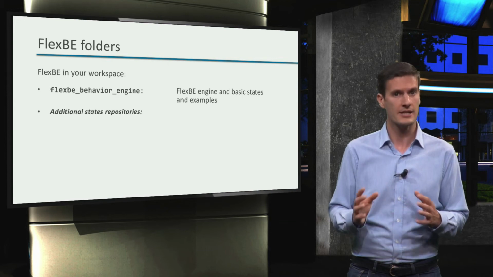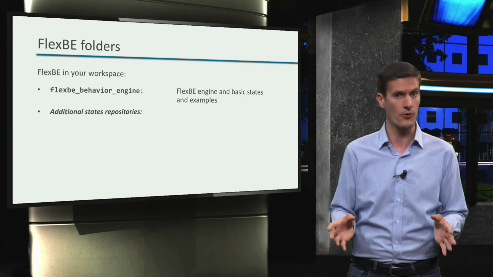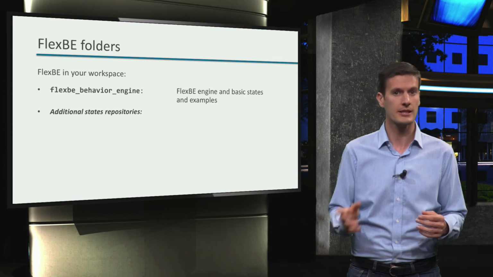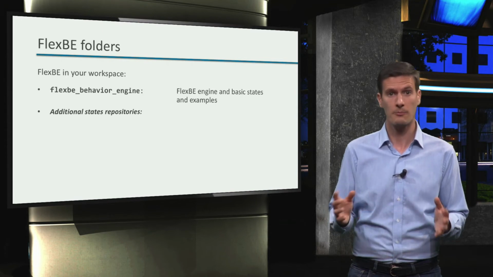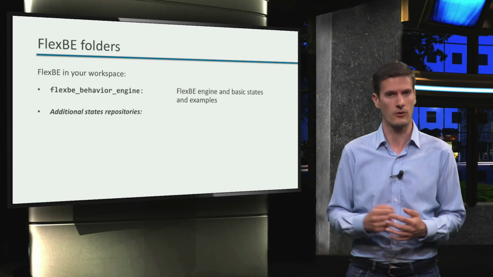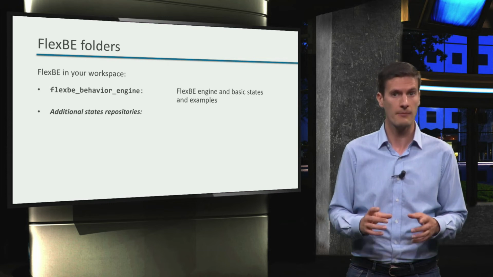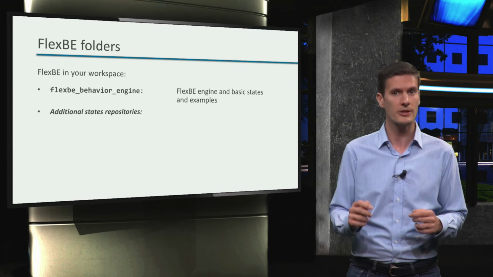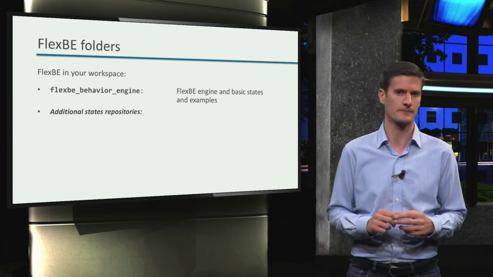Second, we have the additional state repositories we mentioned before. This is a very nice feature of FlexBE. You can reuse states in your behaviors. So several people have made their states available online. You can find some of them listed on the FlexBE website. In this course, we will be using two of these repositories.